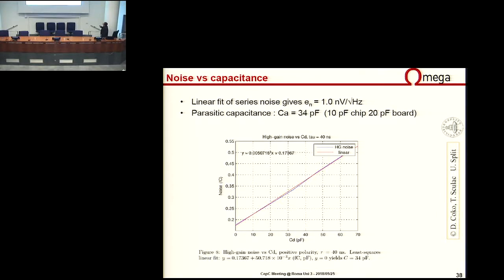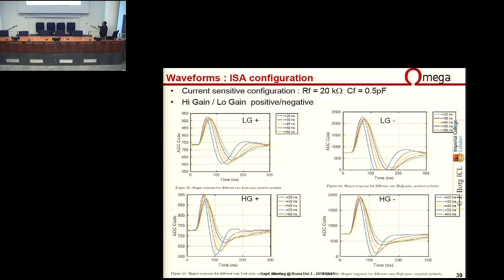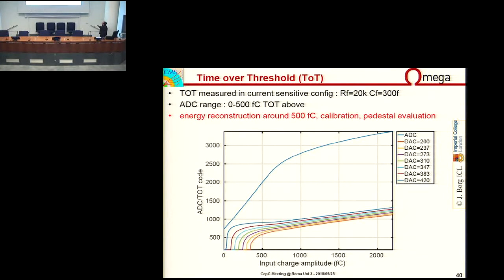So concerning the noise, it's something very important. We have estimated the parasitic capacitance as low as 34 picofarad. So it's not enough. It's less than what we will have on the HGCal. So this is the second configuration.